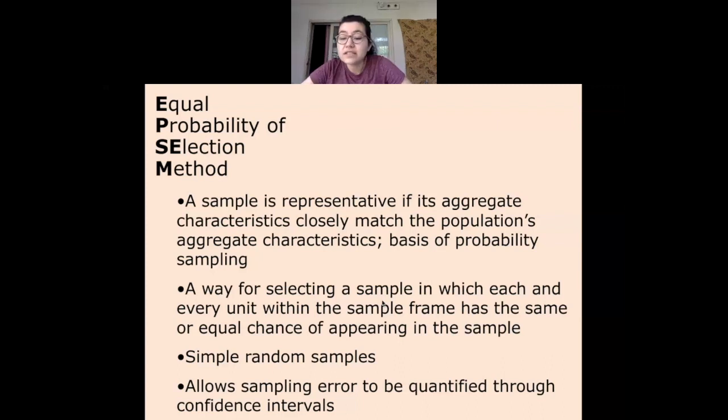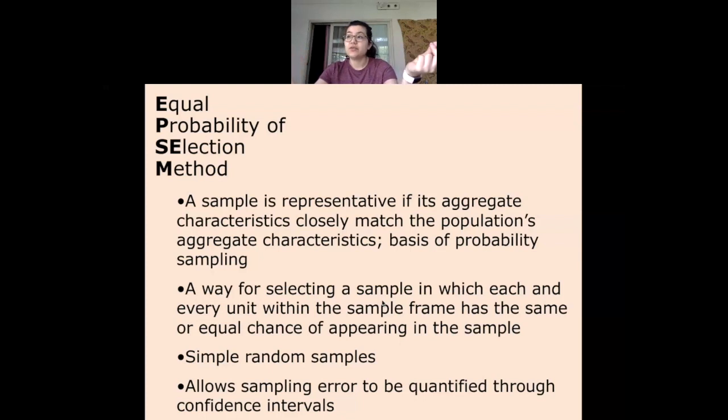So this allows us, like I sort of talked about in the beginning of lecture, to be certain to a specific degree and measure our certainty about our generalizations. Otherwise, we don't know how certain we are about our data analysis. But when we have EPSEM, when we have equal probability of selection methods, we can make generalizations.